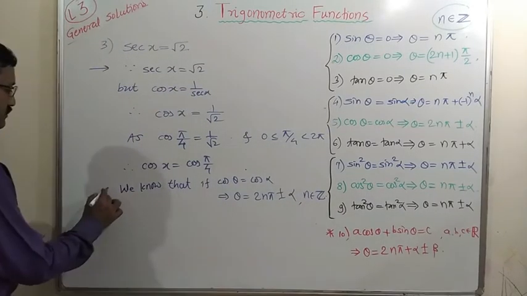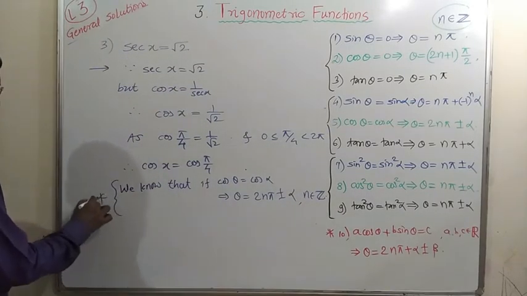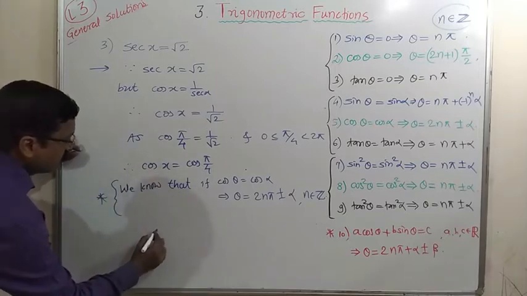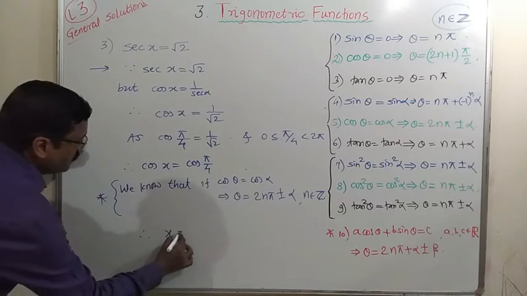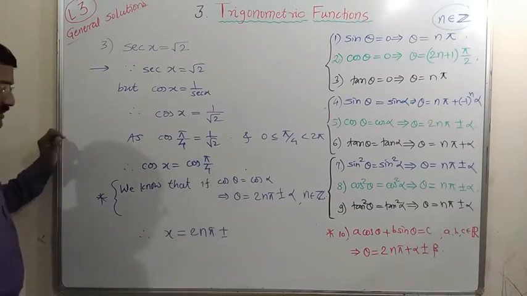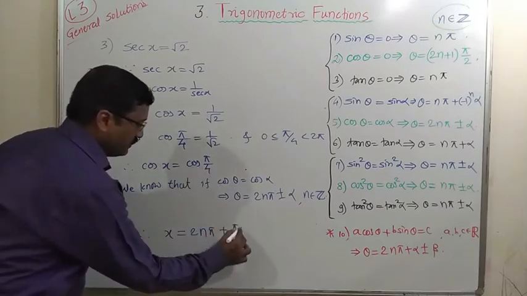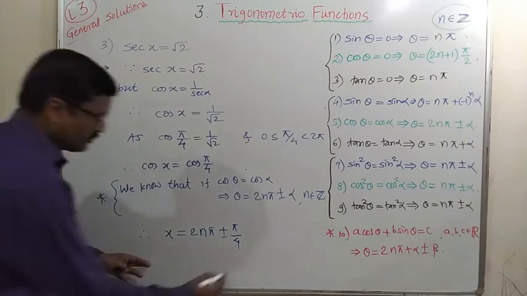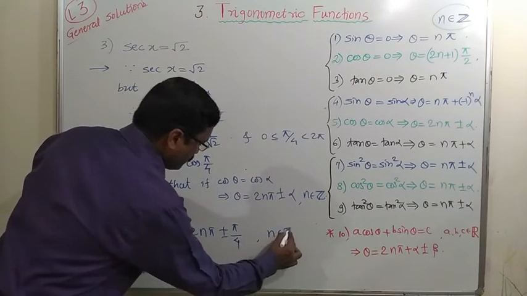This is the formula. So using this formula we get x equal to 2n pi plus minus alpha. What is alpha? Alpha is our pi by 4 angle here. So we get x equal to 2n pi plus minus pi by 4, where n belongs to integers.